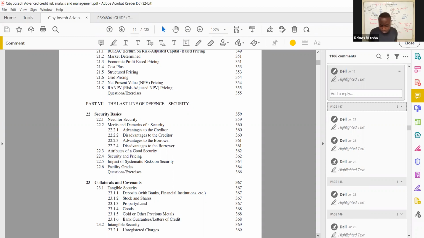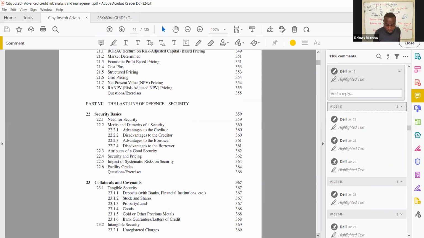For example, if you have a fully paid house of $1 million, you can approach the bank and ask for a loan of 500,000, and put your house up as security, so that in case I default on my obligation, you can attach my house and sell it and recover your money.